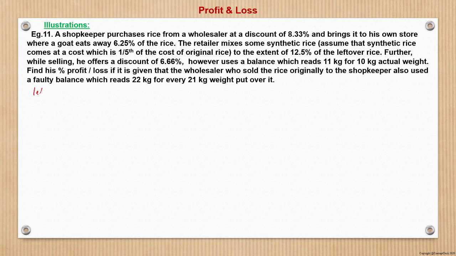Let us assume that shopkeeper purchases Q kg of rice at rupees X per kg. This we have assumed. So total cost price will be what? X into Q for shopkeeper.